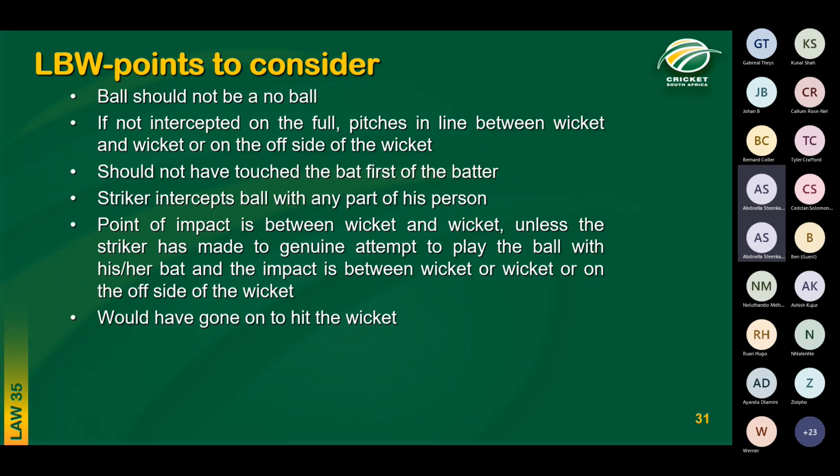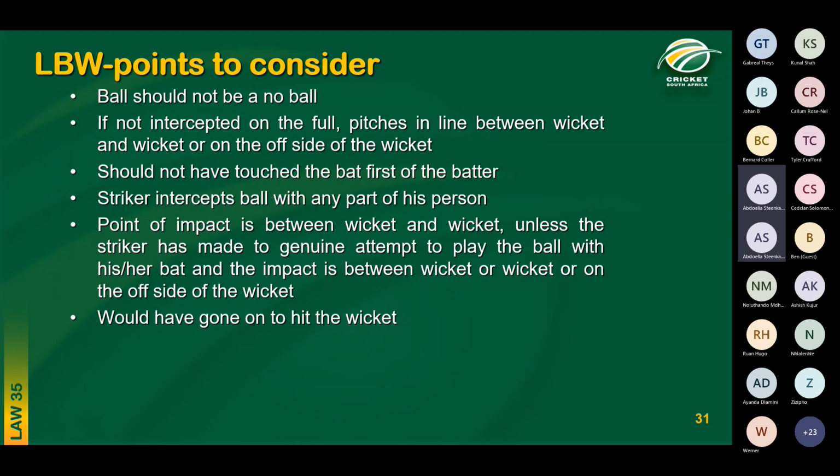And then lastly, the ball must have gone on to hit the wicket. So these are the points that you need to consider when there is an LBW appeal. This usually takes a split second. When there's an LBW appeal, these 5-6 points go quickly through your brain. It happens in half a second, a second.